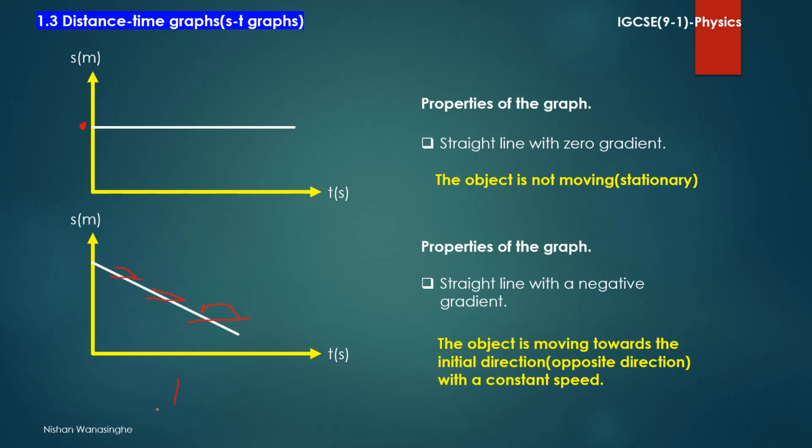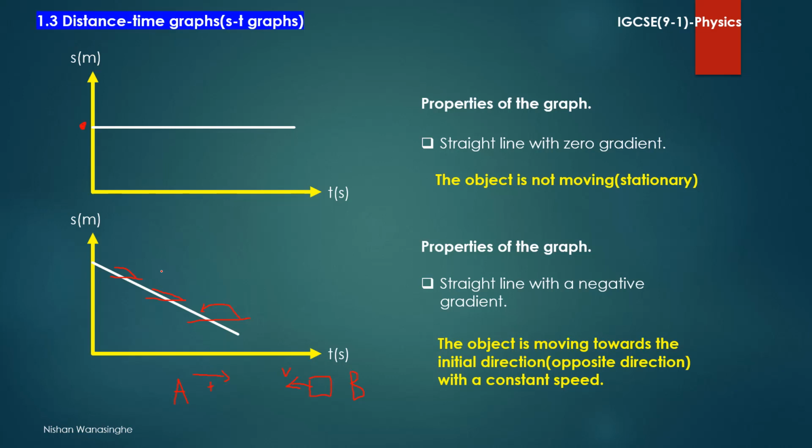Suppose you started from point A, and you consider the direction towards B, point B, as the positive direction. So all objects moving from A to B are moving in the positive direction. Now this graph explains an object moving towards A from B with a constant speed. That is the meaning of this ST graph.